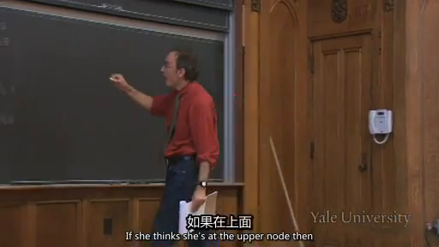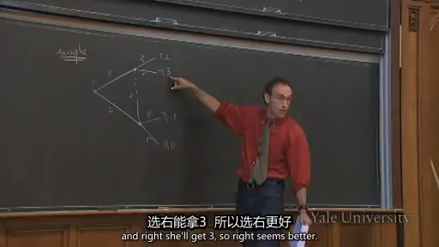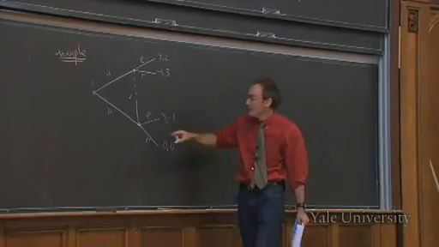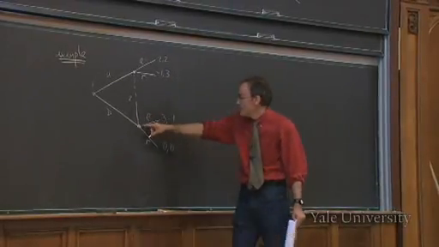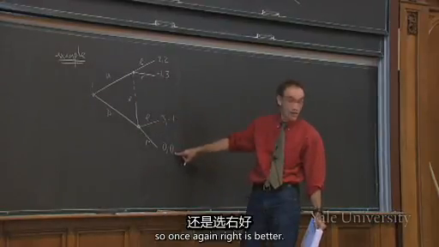If she thinks she's at the upper node, then by choosing left she'll get 2 and right she'll get 3, so right seems better. If she thinks she's at the lower node, then choosing left gets minus 1 and right gets 0, so once again right is better.